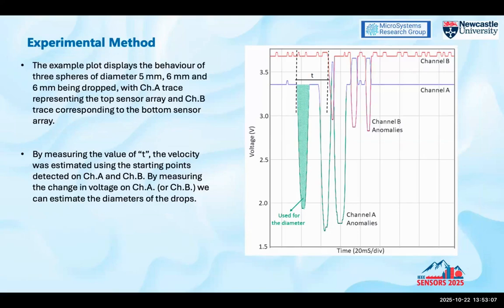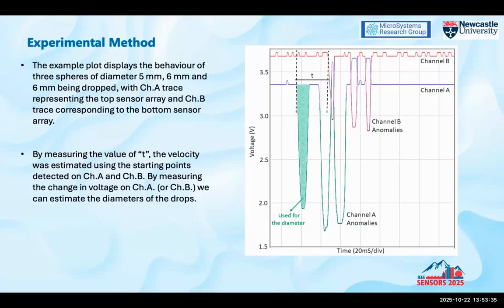This is an example of one of the picoscope samples. This was dropping a 5 mil, a 6 mil, and another 6 mil, so 3 simulated raindrops being dropped through the beams. You can see the 2 beams here, and the 3 drops coming through. How much the voltage decreases by gives us an idea of the diameter of the drop.